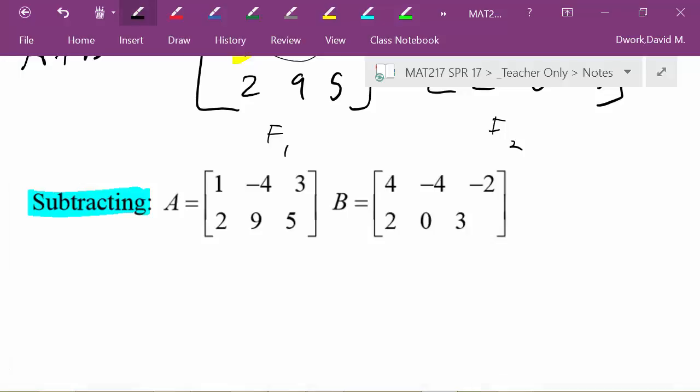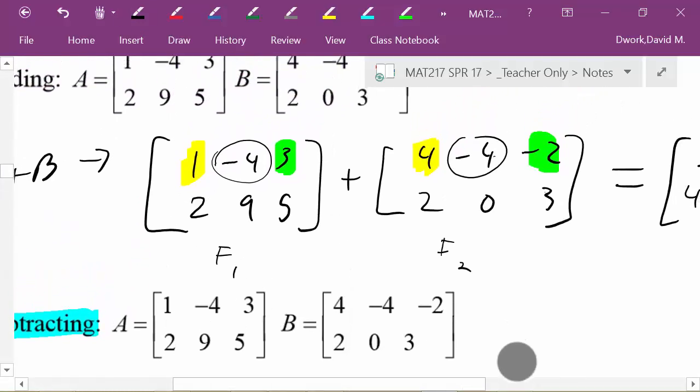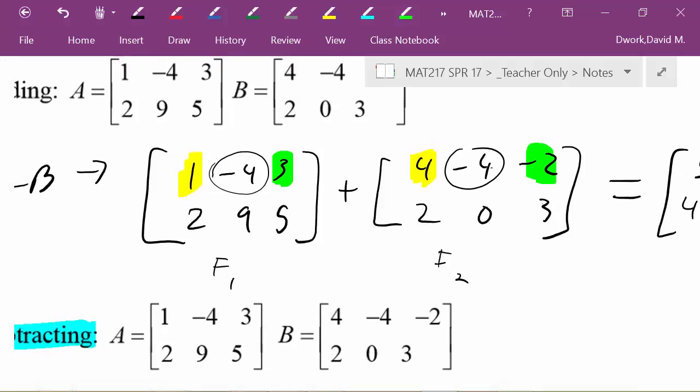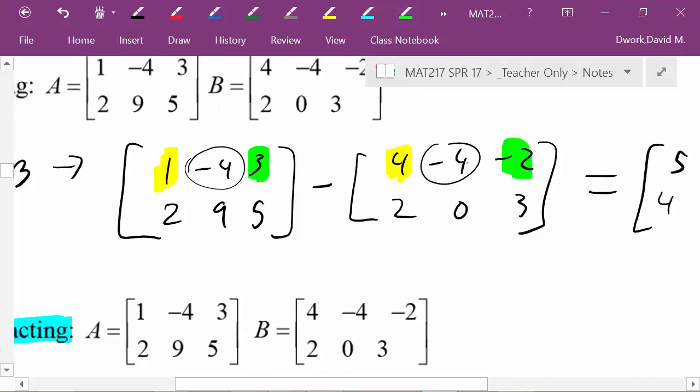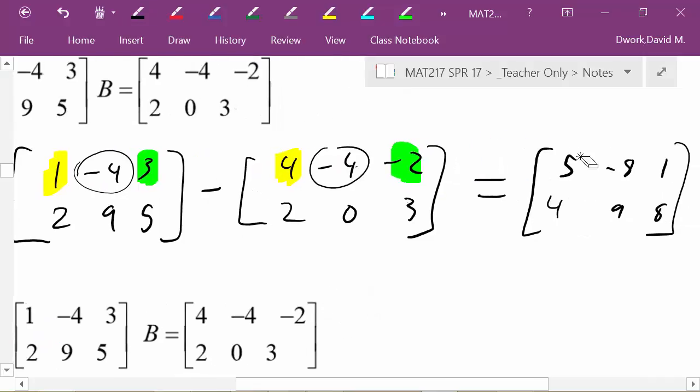Subtracting, same thing. So I believe if I was smart, yes, I was, I could cheat and go up here and not have to rewrite it all again. Whoops. Instead of adding, we are now going to subtract. Look at that. It's amazing how an eraser works.